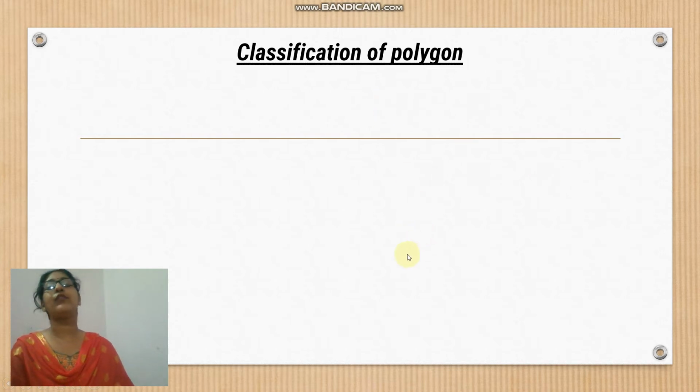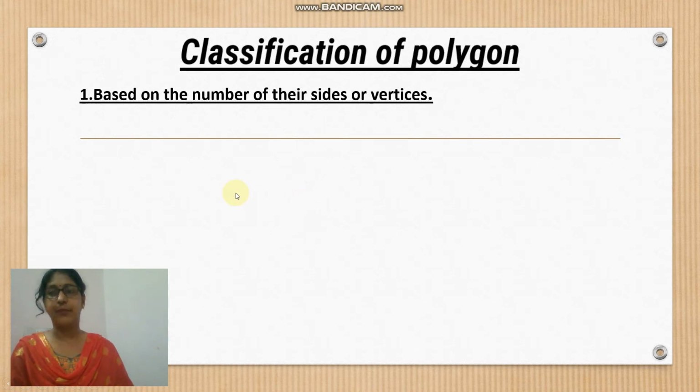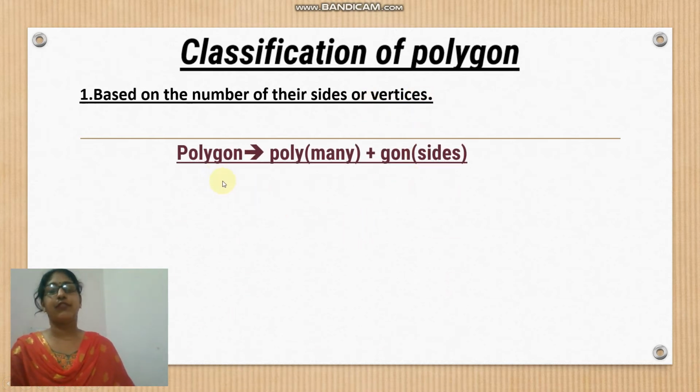Now we understand how we classify polygons. First, we classify them on the basis of the number of their sides or vertices. When we break the word polygon, we get poly plus gon, where poly means many and gon means sides.